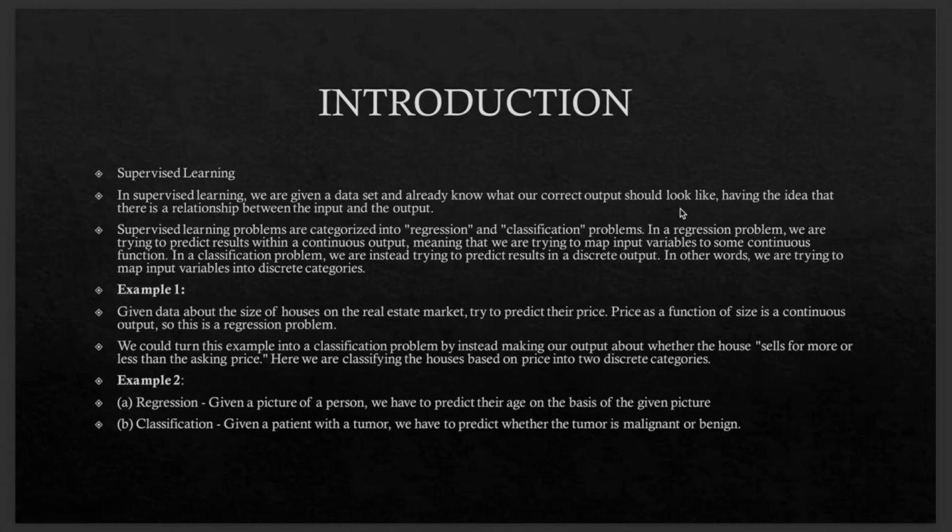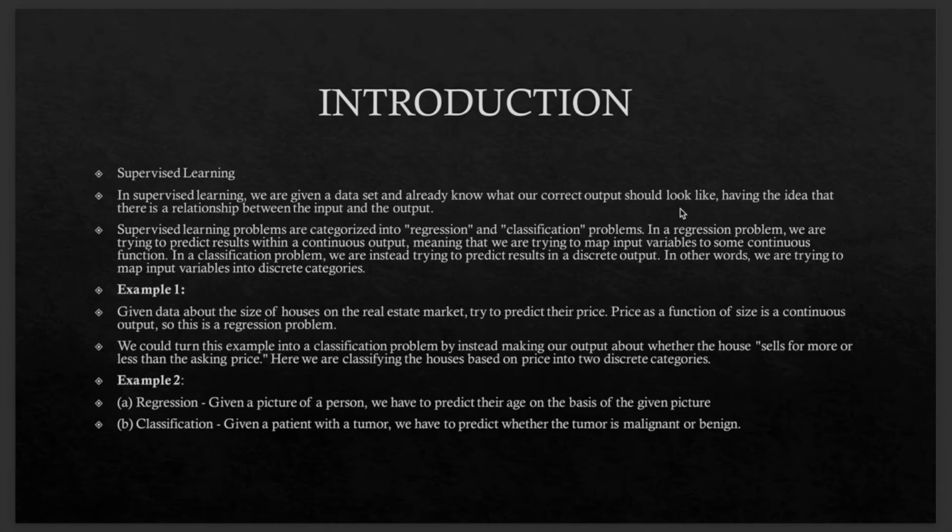We are trying to map our input variable, for example a coffee mug, to some continuous function. It will run through and detect whether there is a problem in our coffee mug or not. So that's a regression problem, where we identify whether it is defective or not.